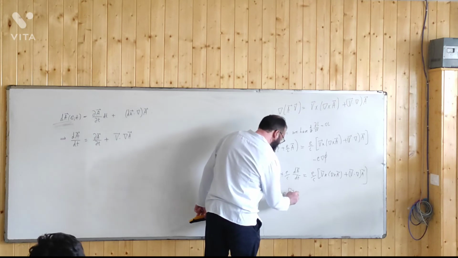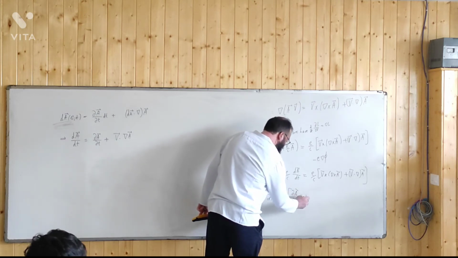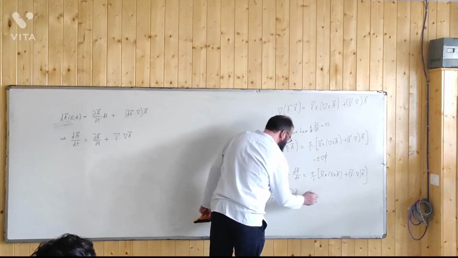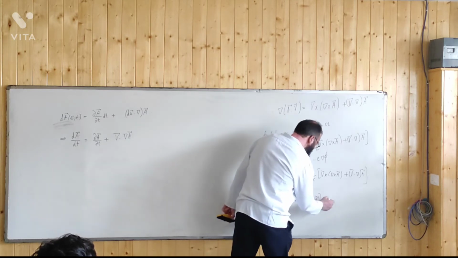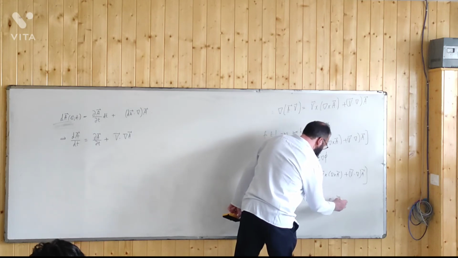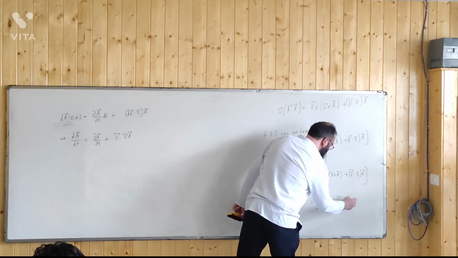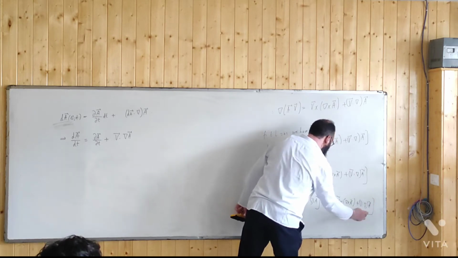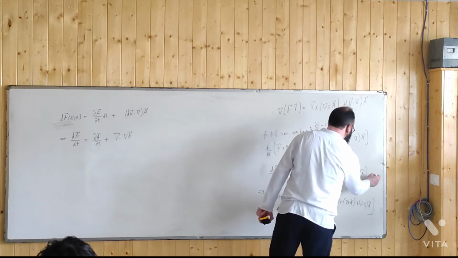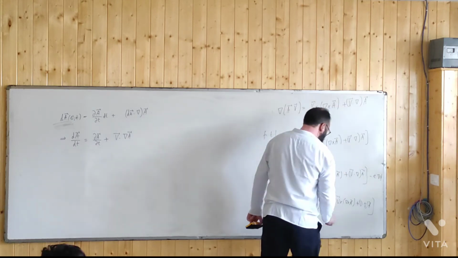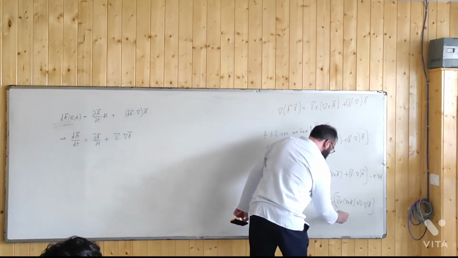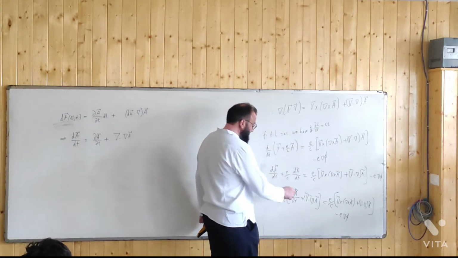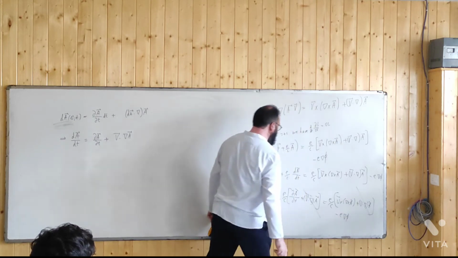It's partial A by partial t plus V dot del acting on A. This is equal to E by C, V cross curl of A, plus V dot del acting on A. I think we have missed one term in this, so there is a minus E. Now this very term cancels with this very term.